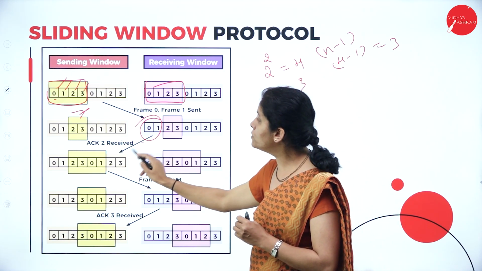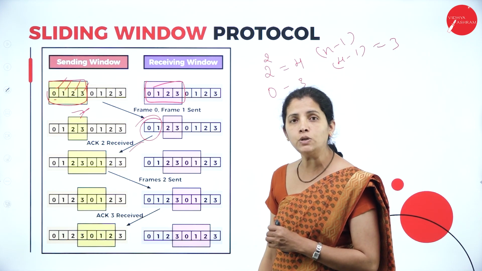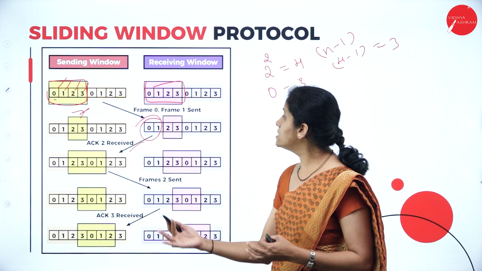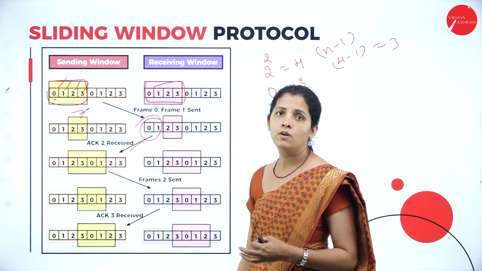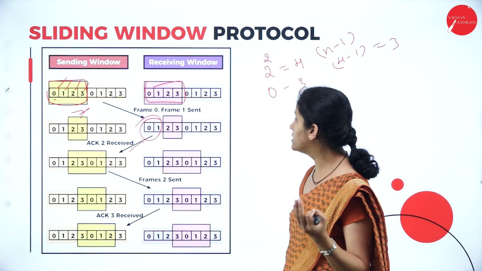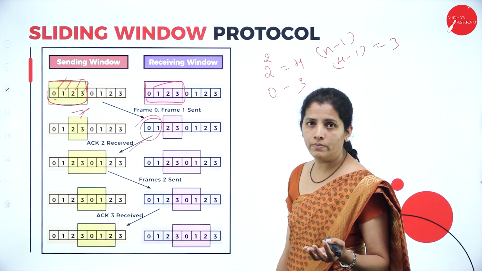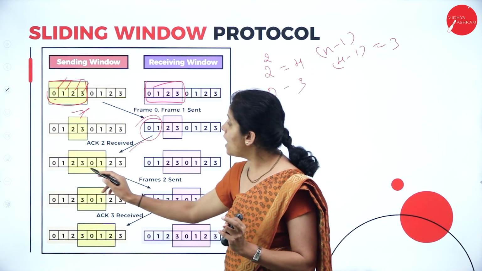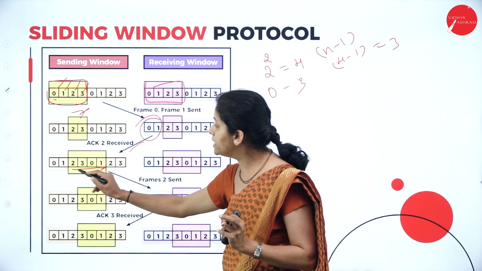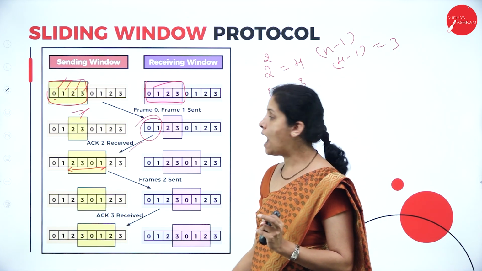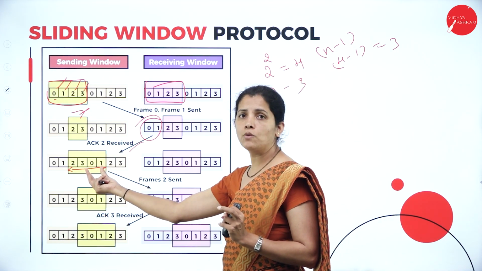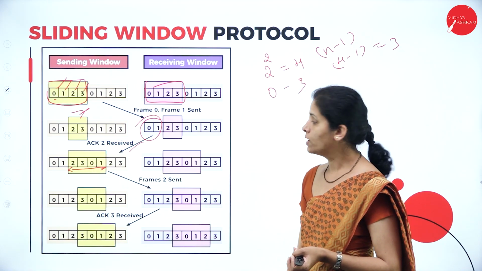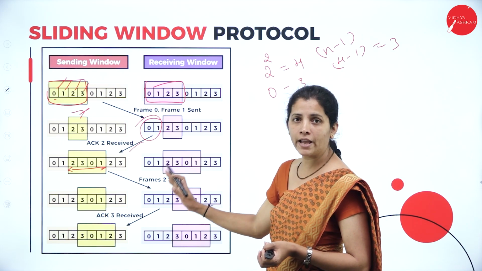Now the receiver sends the acknowledgement to the sender that it is ready to receive the next frames. Which are the next frames? That is 2 and 3. What is the size of the window? It is 4. Now the size of the window increases, so I have 4 frames. Now the sender is going to send frame 2.